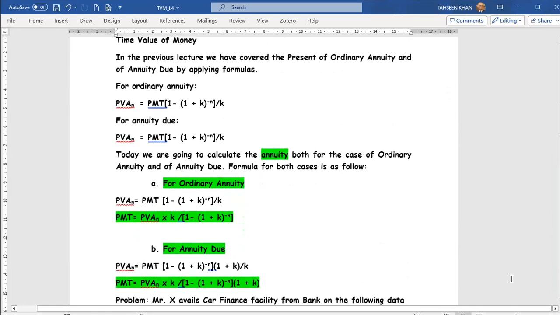In the previous lecture, we covered the present value of ordinary annuity and of annuity due by applying the formula for annuity.